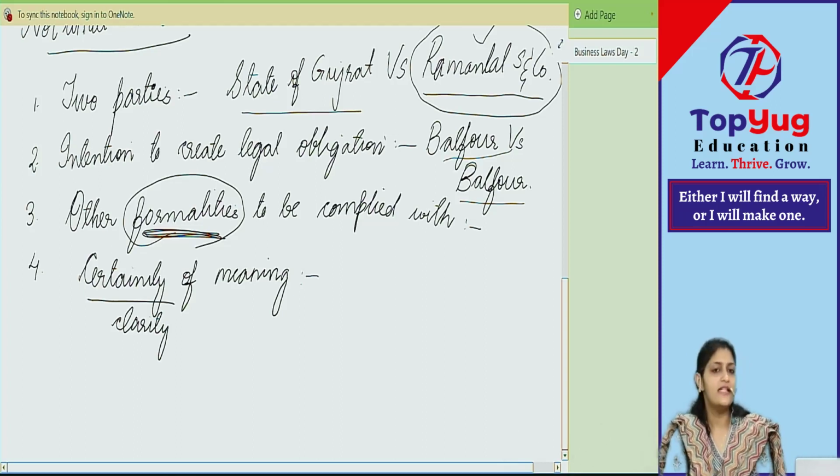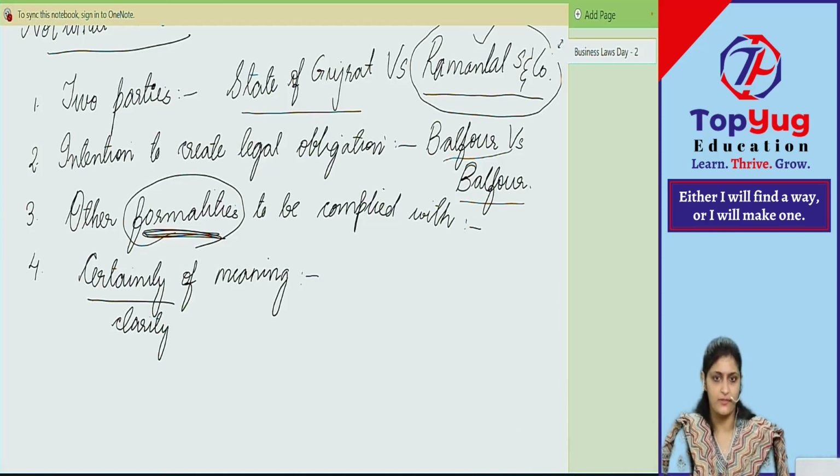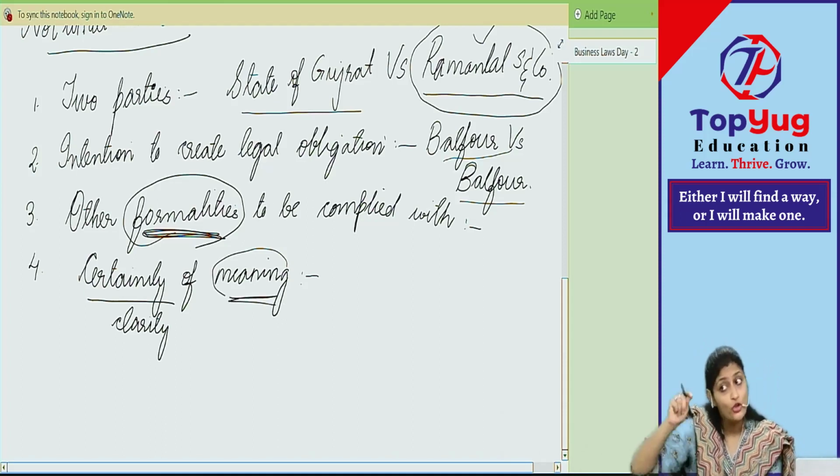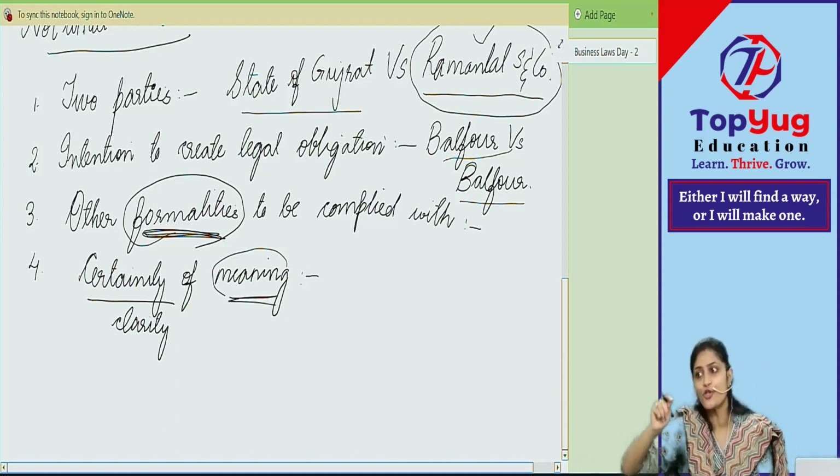Whenever you enter into a contract, you have many terms and conditions. I will sell you my red color car. You will have to pay me a price of 5 lakh rupees in cash, with a down payment of 1 lakh rupees. There are many terms and conditions given between the parties. So here, what meaning should be clear? The meaning of those terms and conditions should be clear.